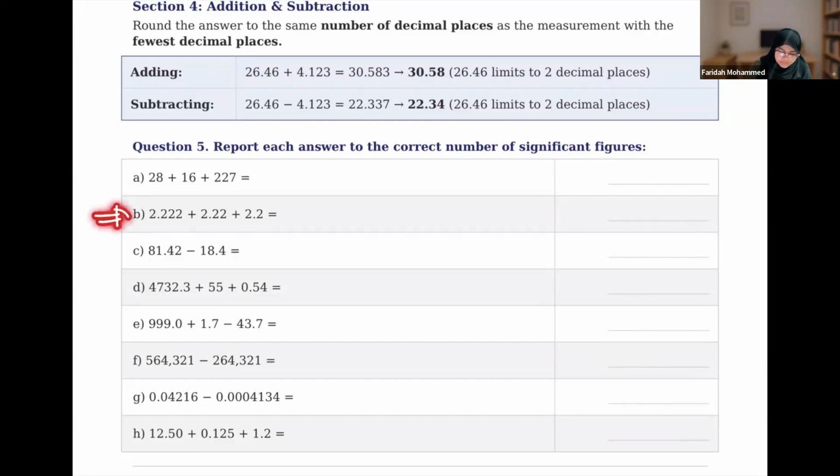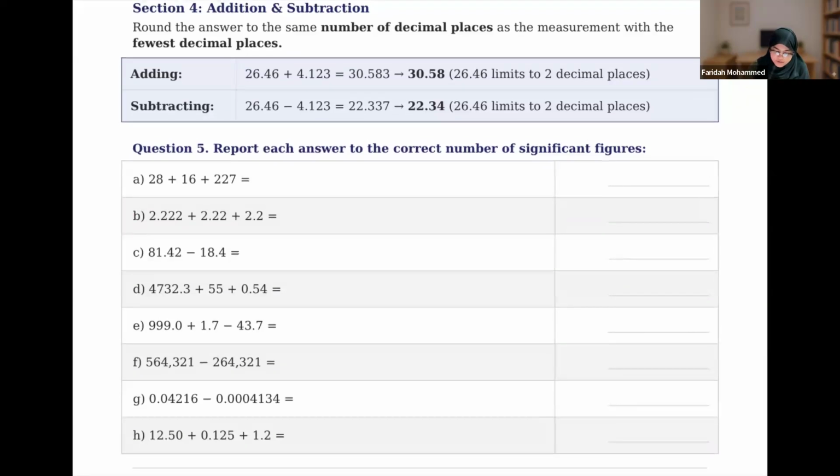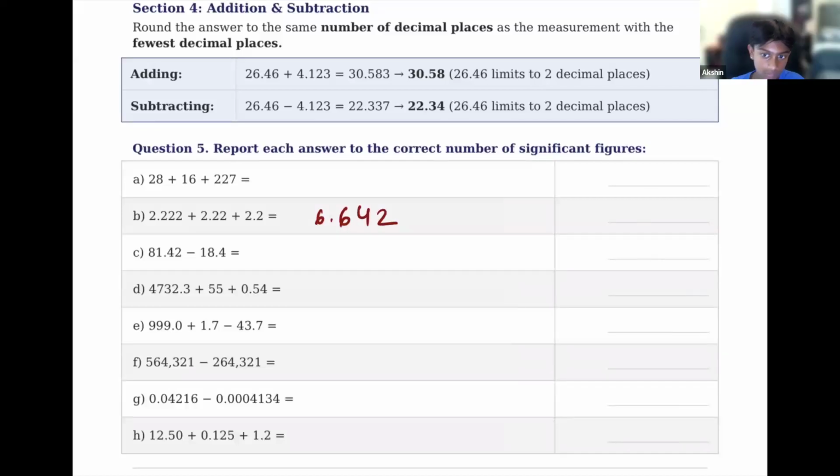Let's do B. What does your calculator say for B? 6.422. Okay. Now, how do we do it? How do we round off to the correct number?